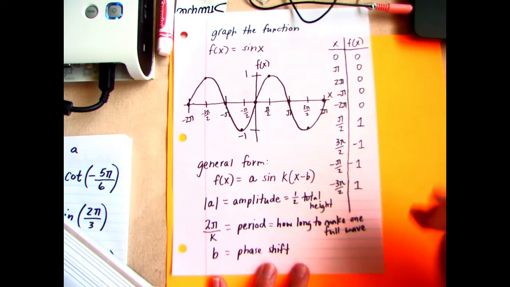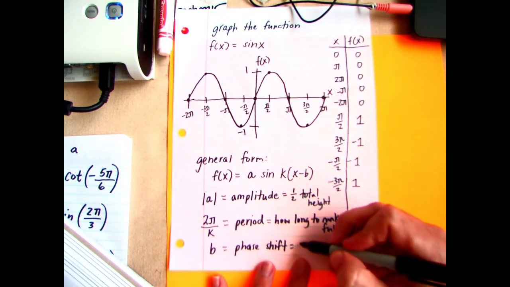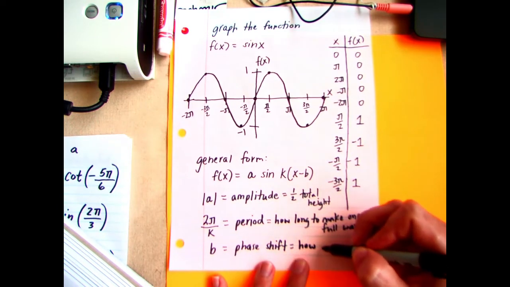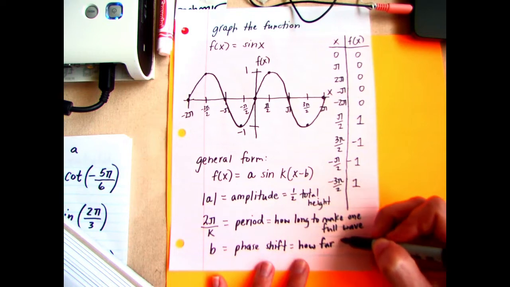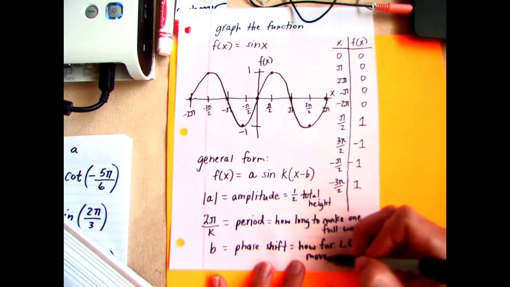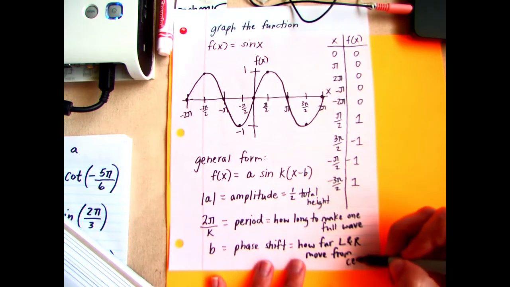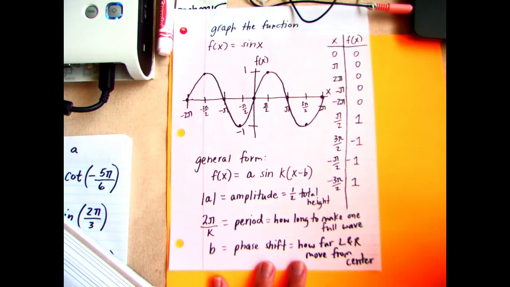So how long does it take to make one full wave? That is the period. And b is the phase shift, which is basically how far left or right from center that we're going to shift the graph. It's a left-right horizontal movement. That's what the phase shift is.